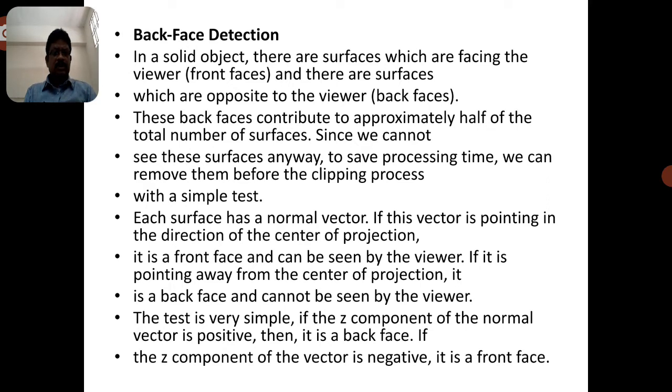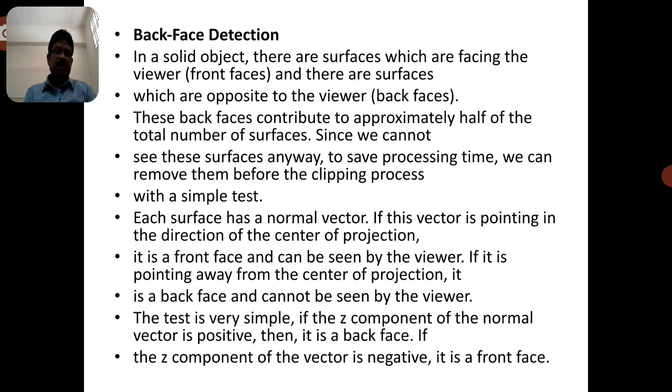To save processing time, we can remove them before the clipping process. Before clipping, we consider all the surfaces of the given object. Next, each surface has a normal vector.